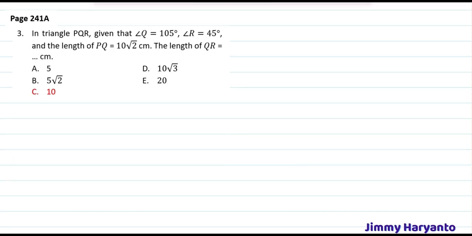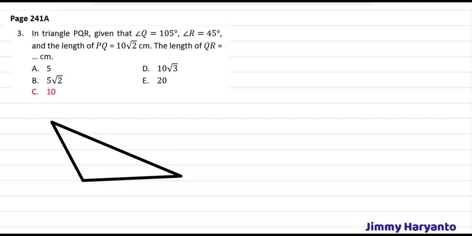Next is question 3. For question 3, I will draw the triangle first. This one is Q, and then this one is R, this one is P. Because Q is obtuse, I will put the 105 right there, and then the R is 45. Because we don't have any special angles like 105, I think we will need this one.